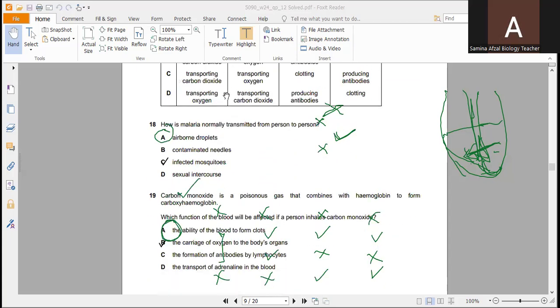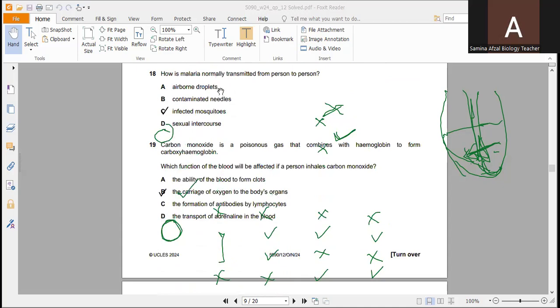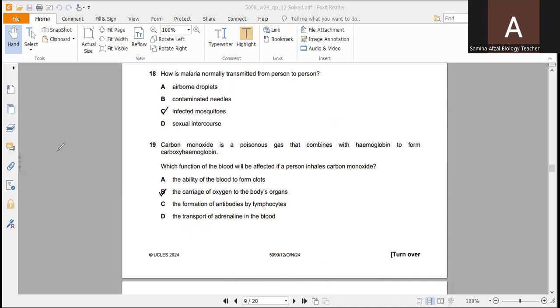Next, question number 18. How is malaria normally transmitted from person to person? Airborne droplets.